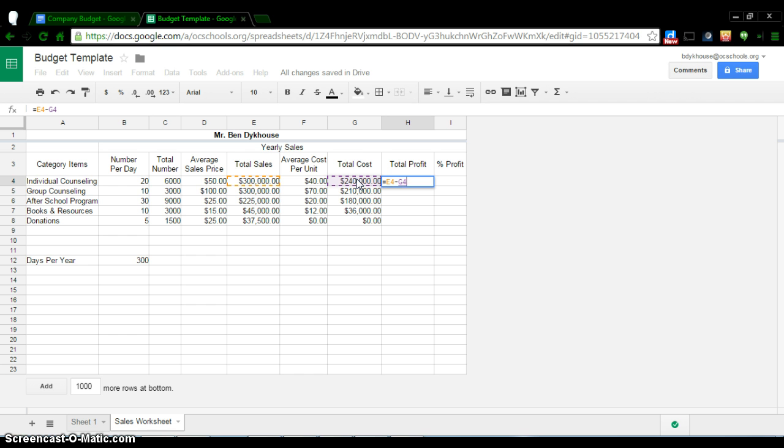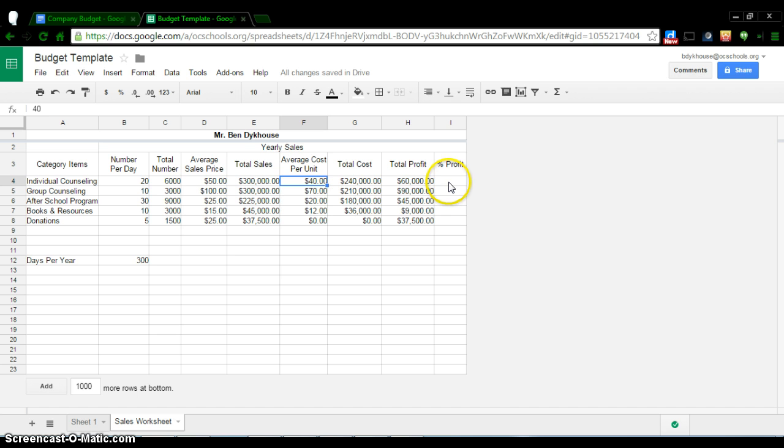This is how much money, when all's said and done, I'm going to profit from individual counseling in each of my categories. So I'm going to take that profit and I'm going to drag it. And this represents how much money I'm going to make for each of those individual categories.